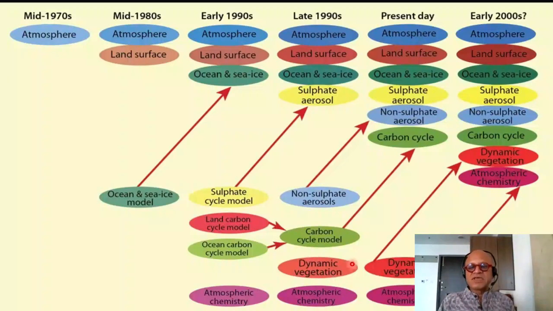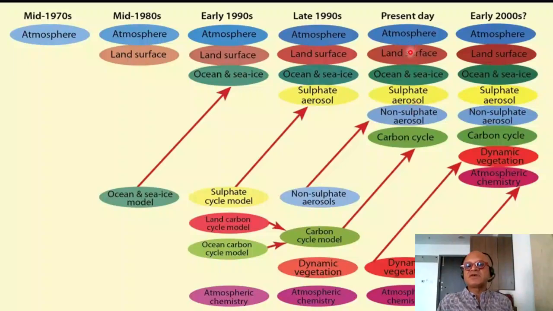So atmospheric chemistry still remained uncoupled, and running a climate model with atmospheric chemistry turns out to be very, very expensive, because you're carrying many species, and each time step you have to do all the reactions, advect them, diffuse them, mix them, and so on and so forth. But present day, let's say this was already an old figure.